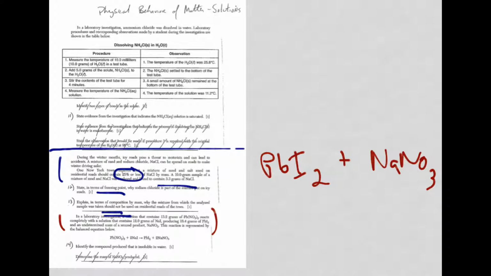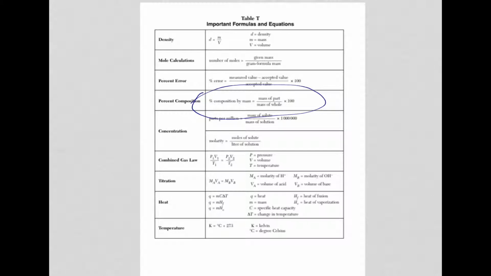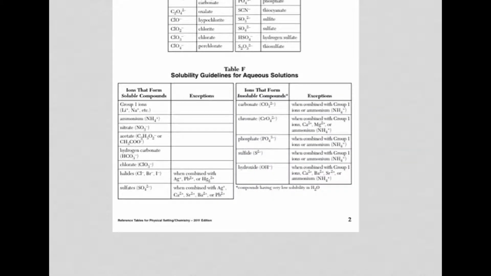And we're looking for what's insoluble in water. Well, when I'm looking for something to be soluble or insoluble in water, I'm looking at Reference Table F. And the way that you deal with this, we had PbI2 and NaNO3, you take these salts in parts, and then you find them on Reference Table F.